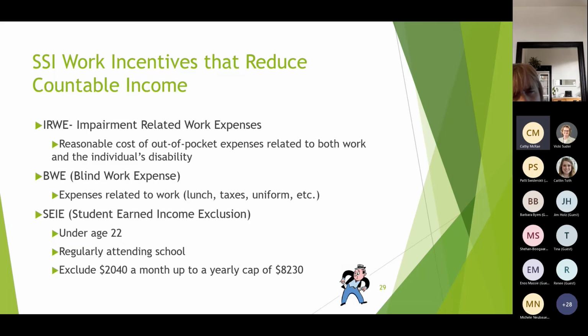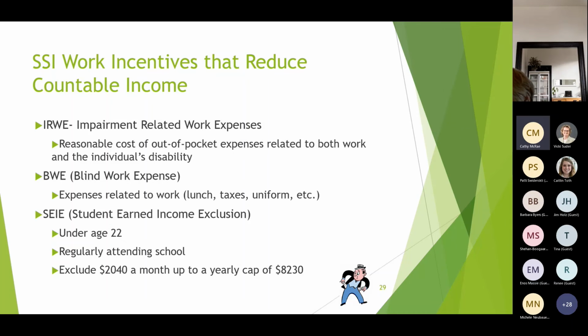Blind work expenses apply to SSI. Blind work expenses are any work-related expense. So remember I talked about that uniform? That would count as a blind work expense. It doesn't count as an IRWE, but it will count as a blind work expense. And then this is a great one, the student earned income exclusion.